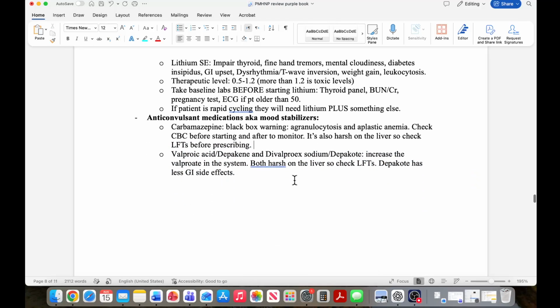You have to see how the blood work looks. And then based on that, you weigh the benefit versus the risk, right? Let's say the manic episode is compromising the patient's safety. So in that case, we check their liver, we check their CBCs, and we see which medication we can order for them.